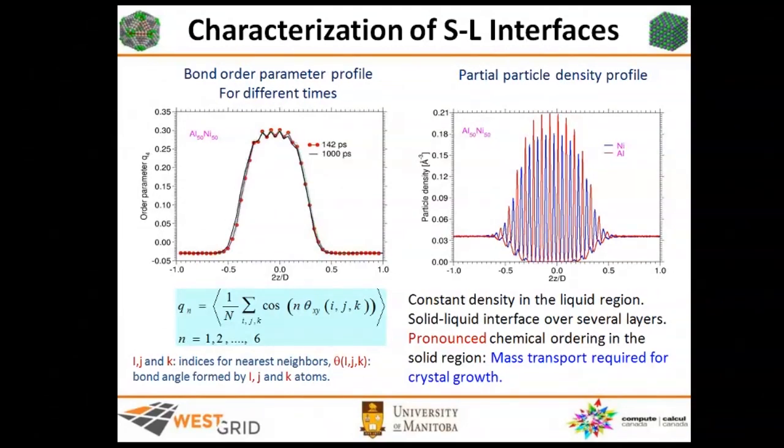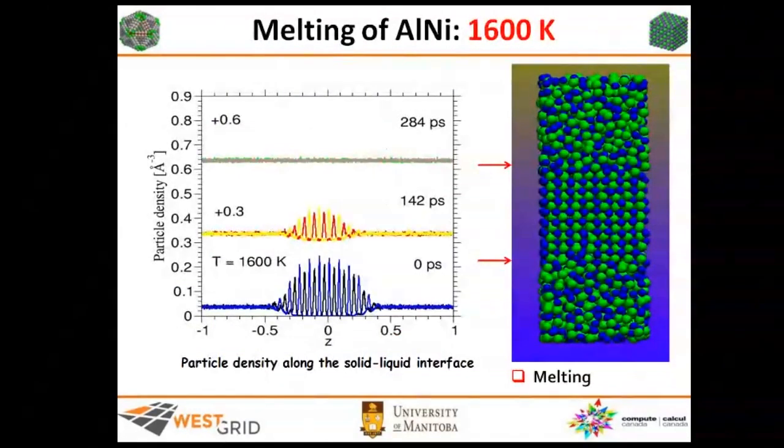Now if I do the same, but this time at 1518 Kelvin, which is the melting point determined from the previous plot, no matter how much I run the simulation, I always have the same structure.